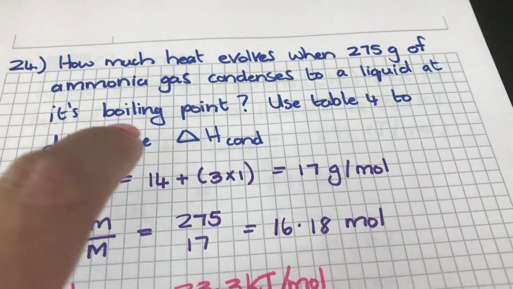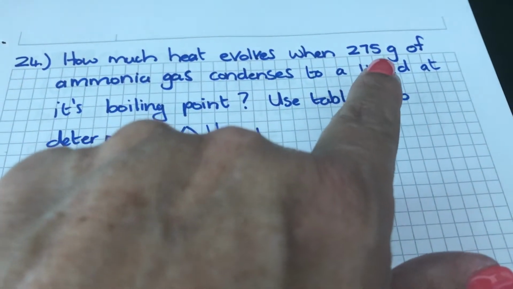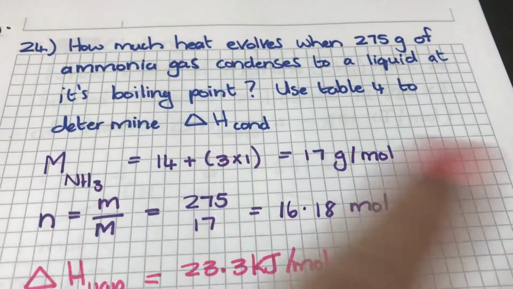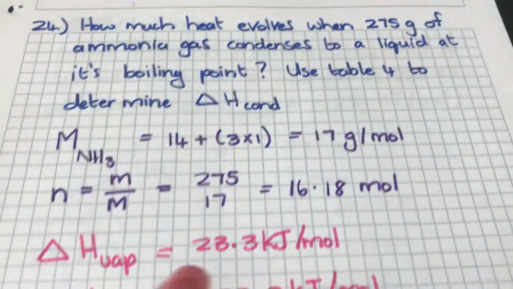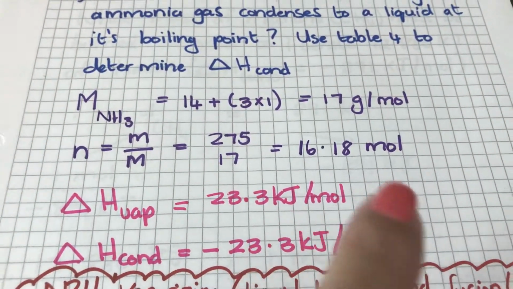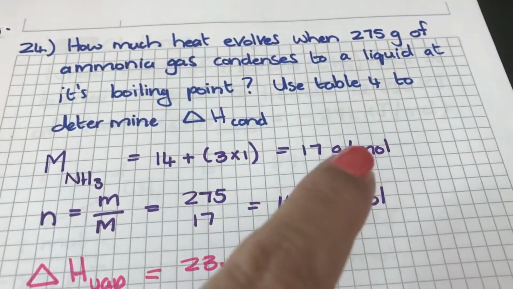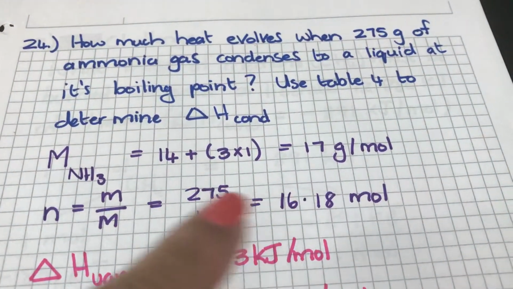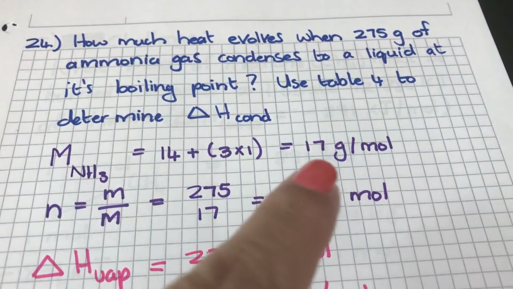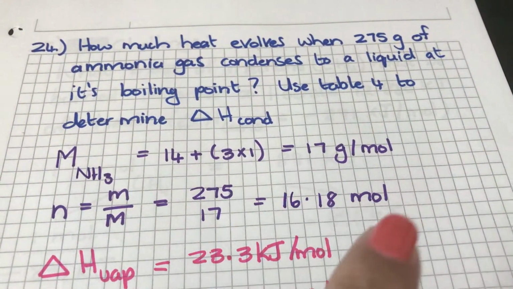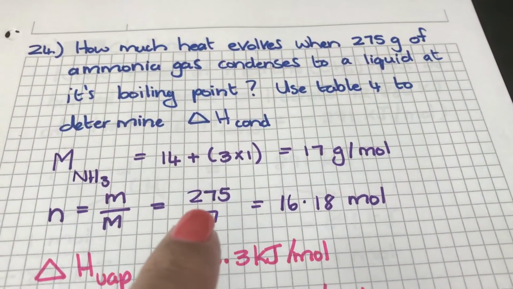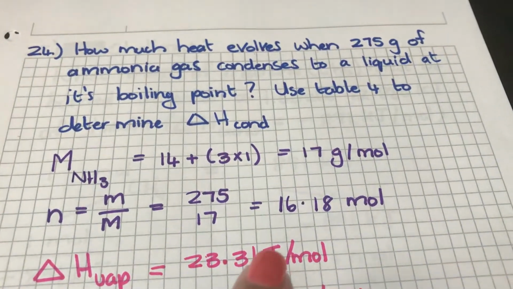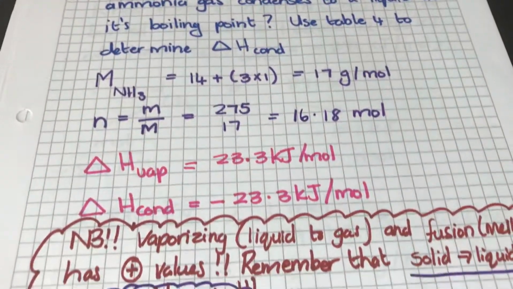The question is exactly the same as the previous one. I will take the mass of ammonia and work out how many moles I have, because my enthalpy value is kilojoules per mole. So I will find out my molar mass first for ammonia gas, which is 17 grams per mole. Then I change it into number of moles, which is 275 divided by 17, gives me 16.8 moles.